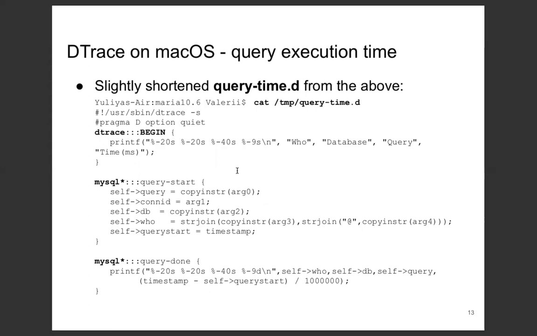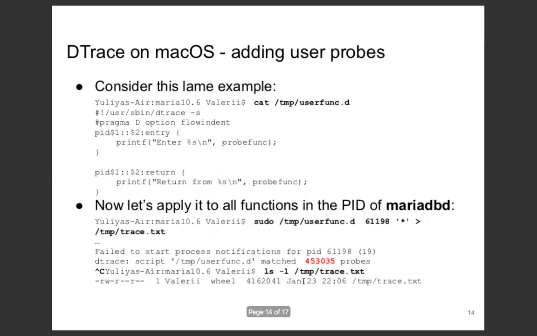So we remember the text of the query, when it started and when it ends, and we print the query itself, the thread that started it, which database the query is running against, and we print time in milliseconds, as far as I remember, to get some useful output.